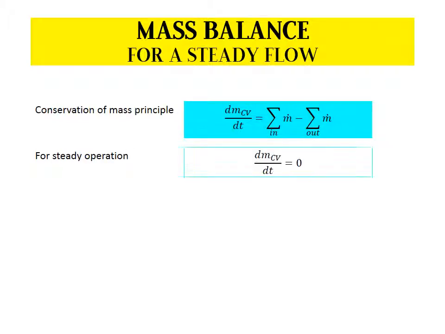For steady operation, the mass of fluid within the control volume does not change with time, so the derivative is zero. The result of the mass balance is that the mass flow into the system at station 1 must be equal to the mass flow out of the system at station 2. Thus, m1 is equal to m2.